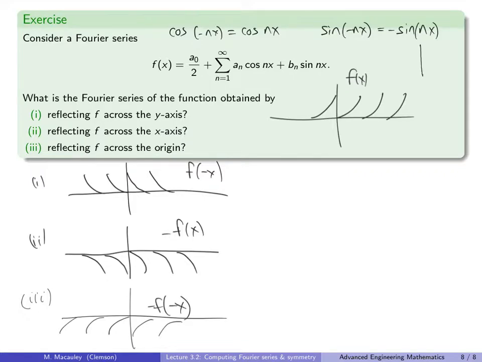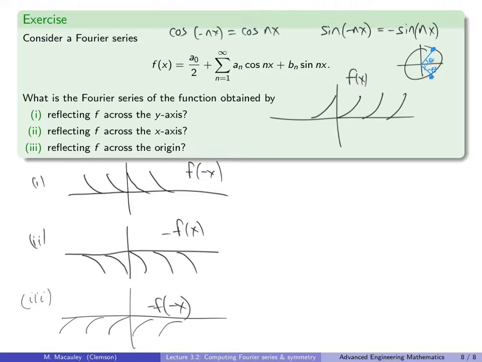If you want to check that, just look at the unit circle and compare theta. Compare the cosine of theta to the cosine of negative theta. They have the same x values, but they have opposite y values. The cosine is the x value, the sine is the y value. And that holds for any theta, including nx.